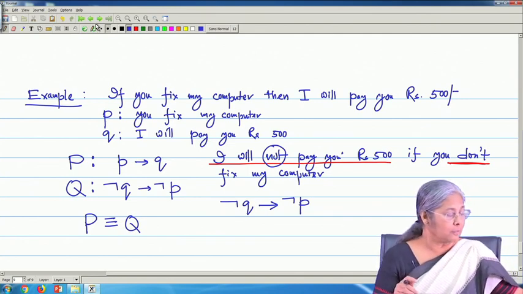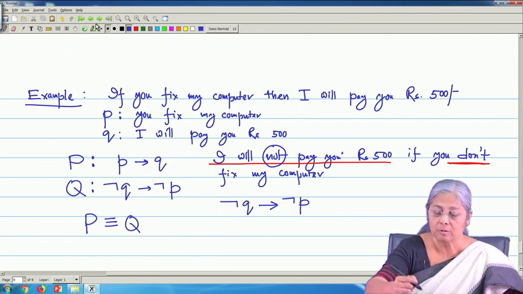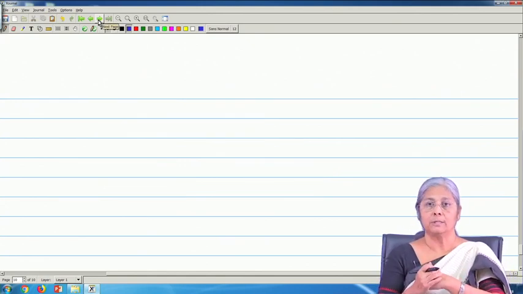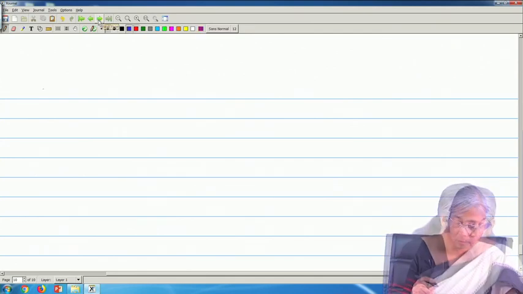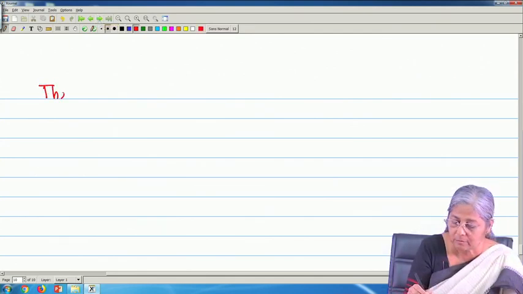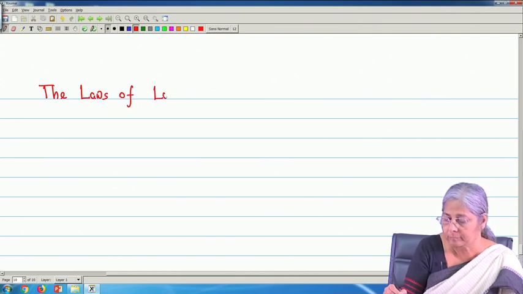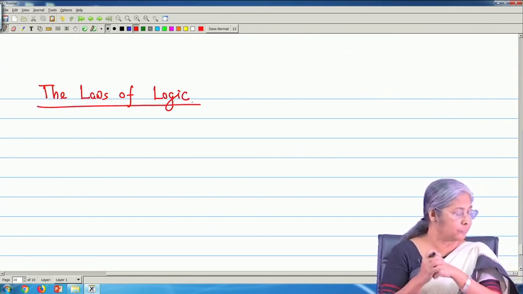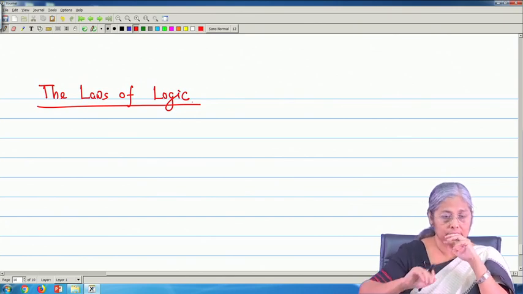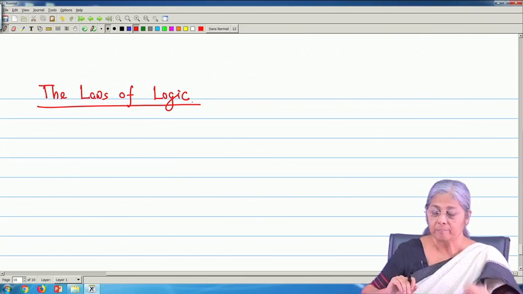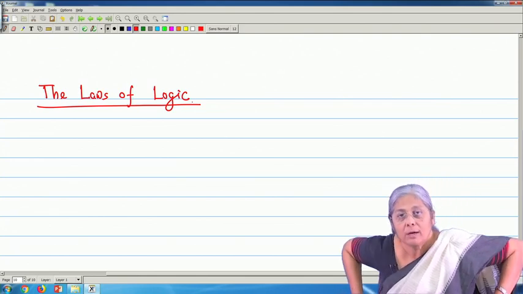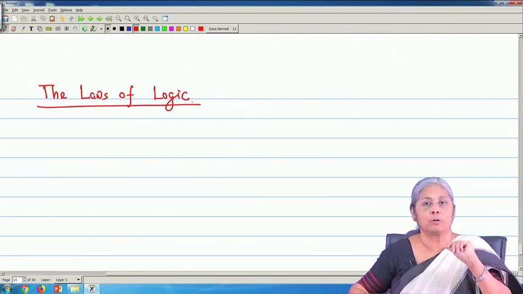Now, we see some other rules, or what we call laws of logic. Only one law we have read so far, that is De Morgan's law.